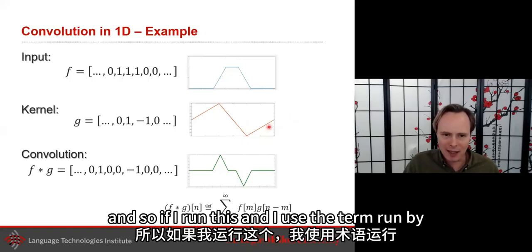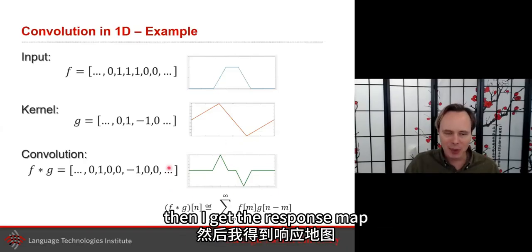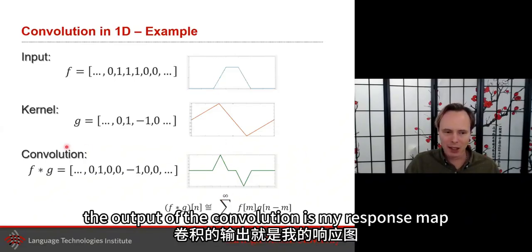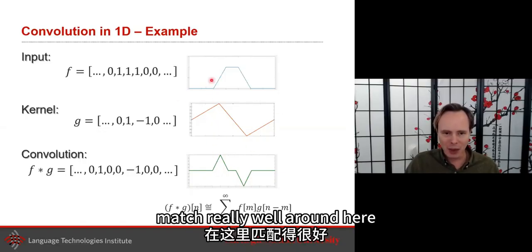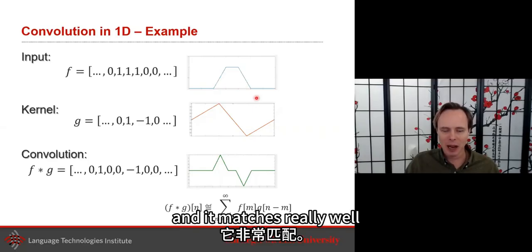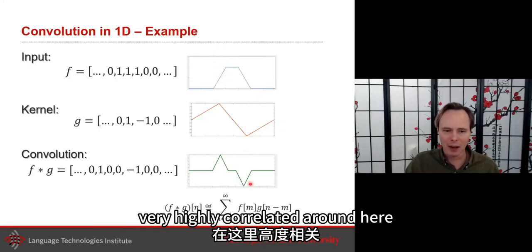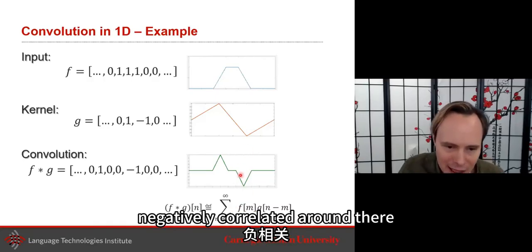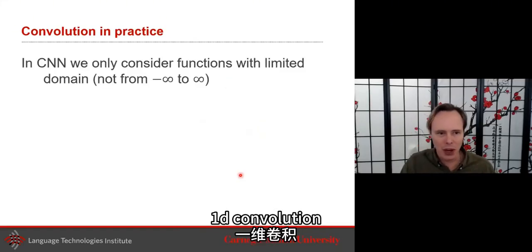And so if I run this, and I use the term run, but if I convolve this kernel on my input, then I get the response map. The output of the convolution is my response map that shows where this matched really well around here, matched really well positively, almost, if you look at it as a correlation, very highly correlated around here, or weakly correlated, or negatively correlated around there. So this is 1D convolution.